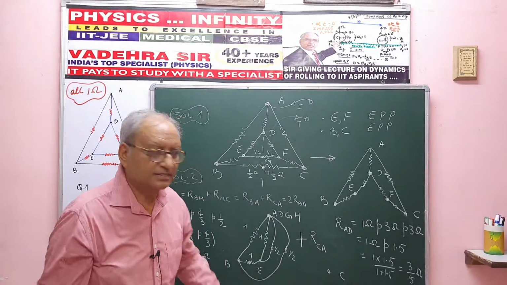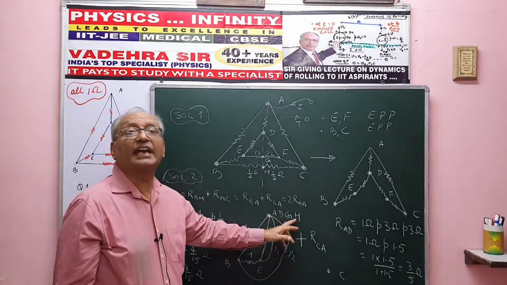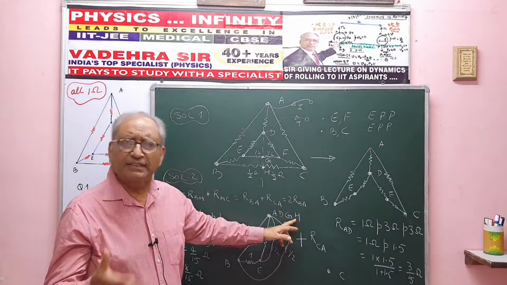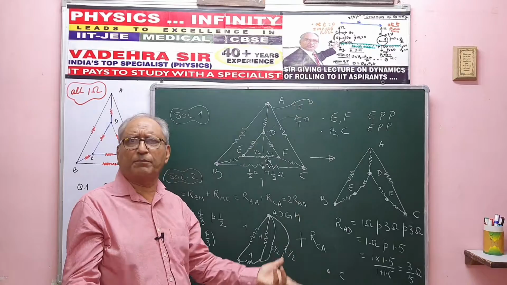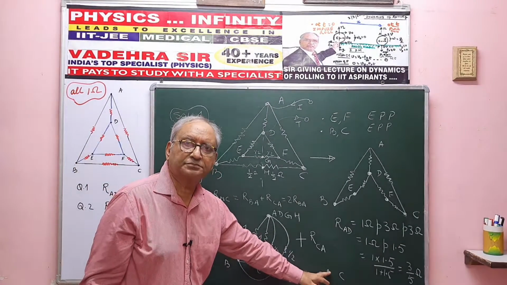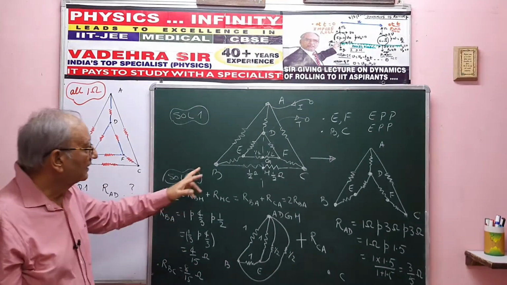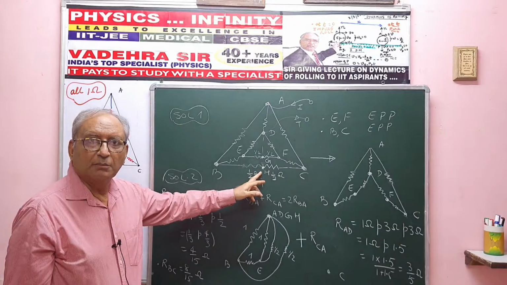I redraw the circuit. Here. So ADGH, they are equipotential points. All 4 points are 1 point. You have B here and you have C here. Now resistance BC is technically RBH plus RHC.